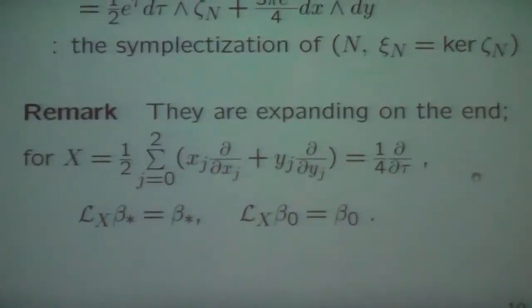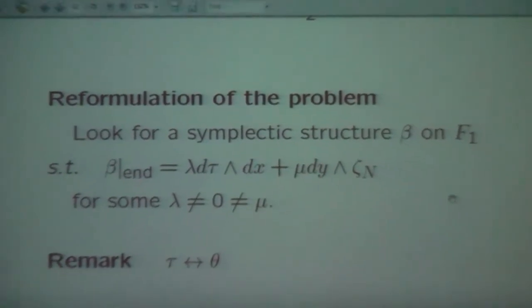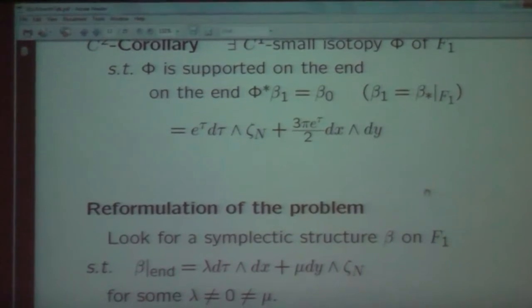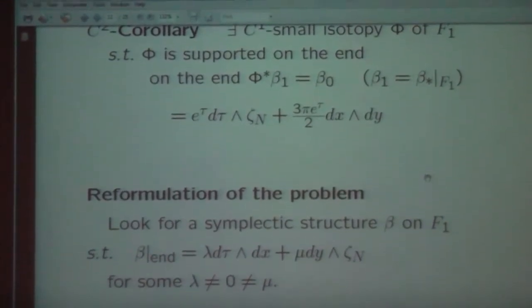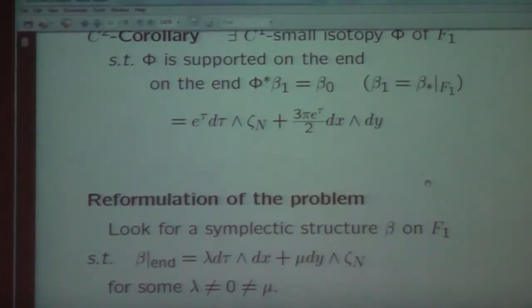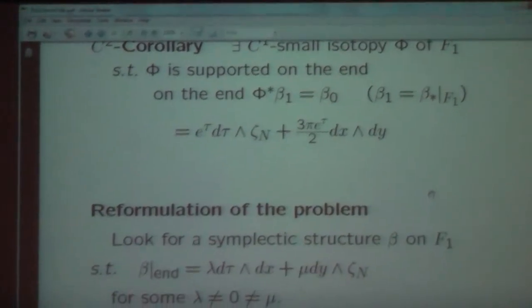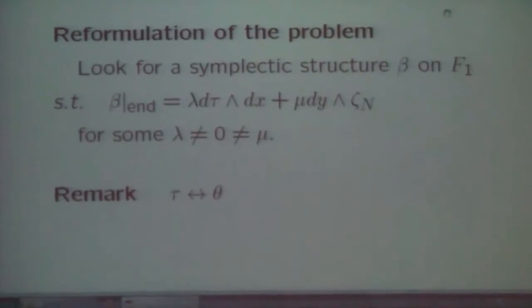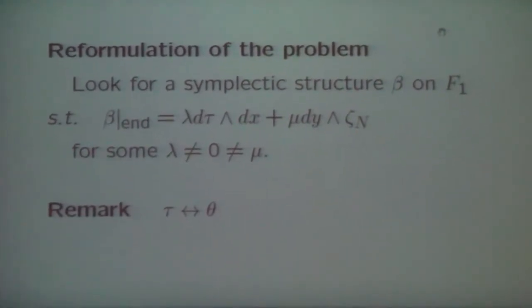In this way. So this is the same expression of the symplectic structure which I gave on the Kodaira-Thurston manifold, but theta is now replaced with tau for that reason.